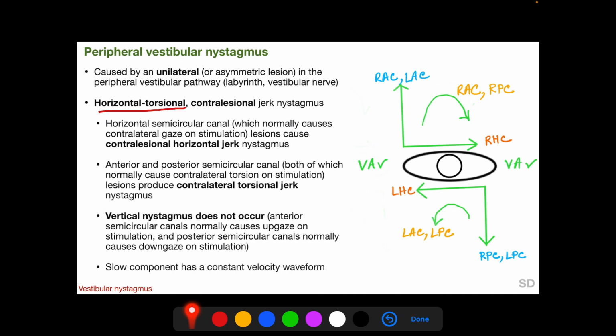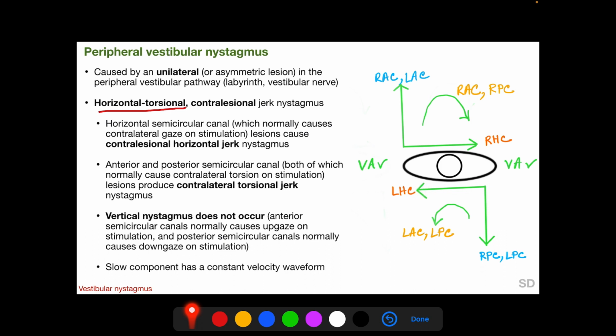And the origin of the horizontal torsional movement in a peripheral vestibular nystagmus is because of the following reason. Horizontal semicircular canal of each inner ear is stimulated by ipsilateral horizontal head turn, and upon stimulation it induces a contralateral gaze. So the right horizontal canal upon stimulation induces a contralateral gaze to the left side, and the left horizontal canal upon stimulation induces a contralateral gaze towards the right side.